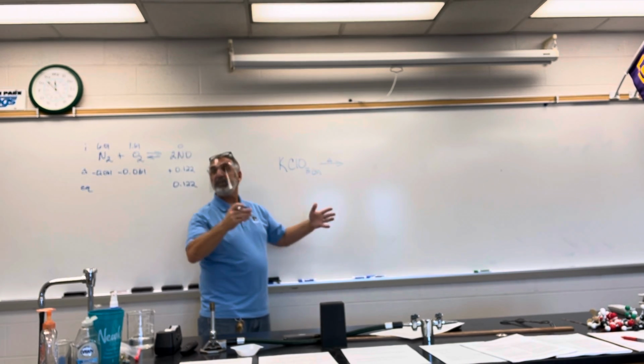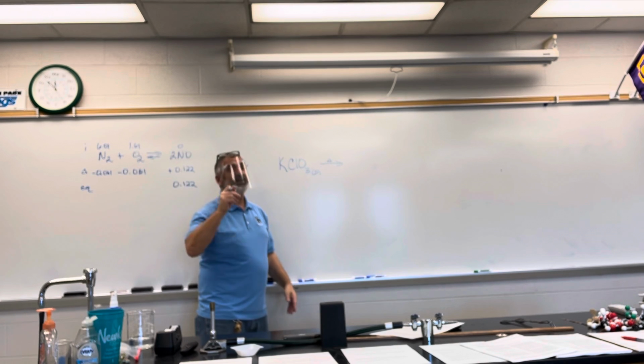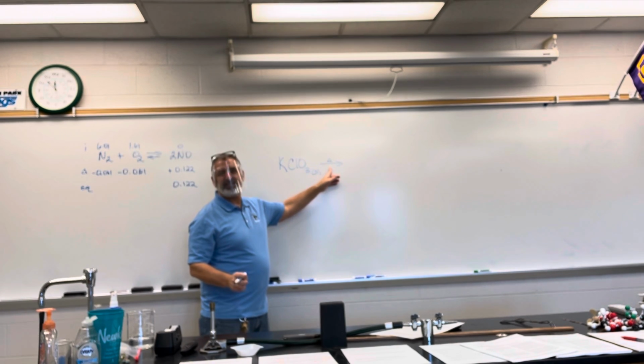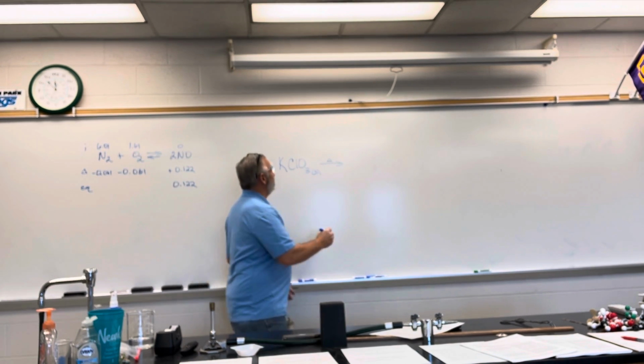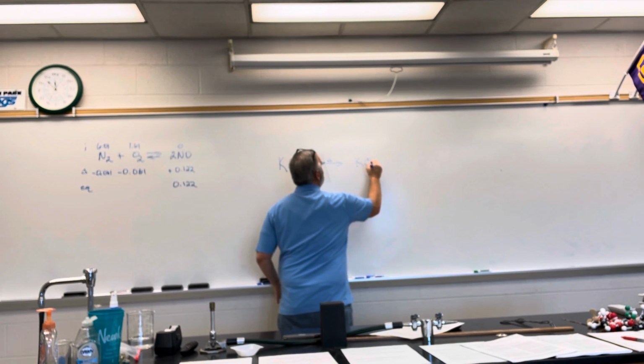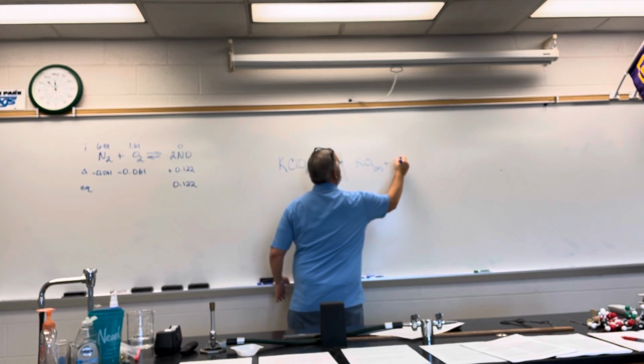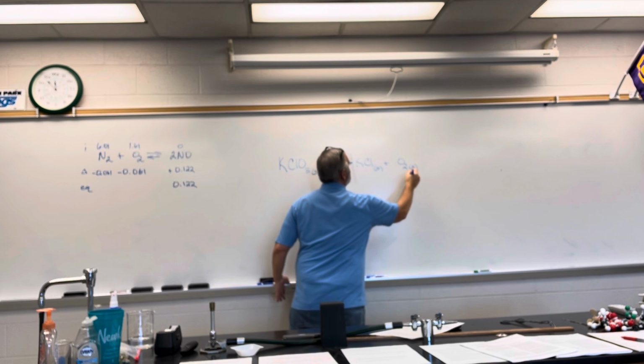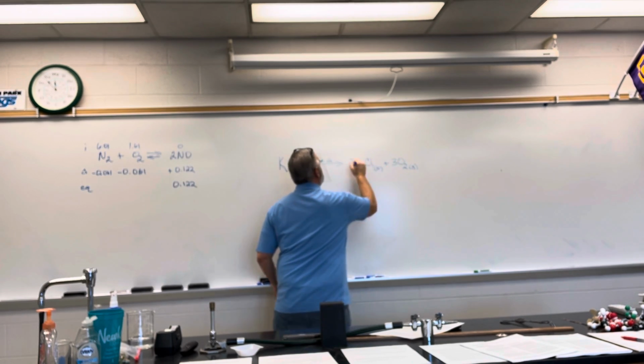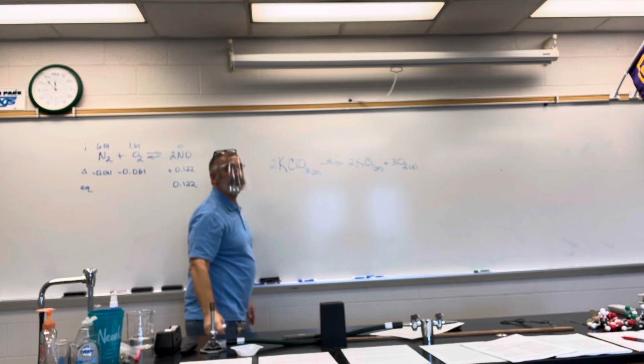You can write the word heat if you want to. Then it goes to KCl solid plus oxygen gas. Then you have to balance it by putting a 2, a 2, and a 2.